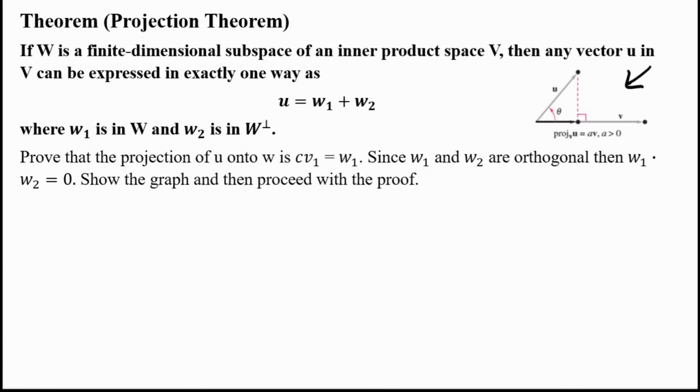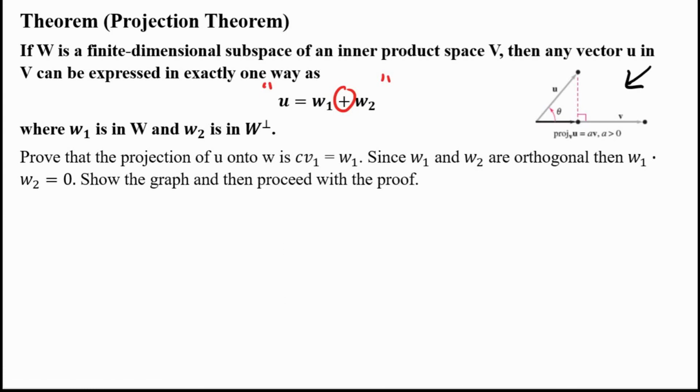This plus is not the standard plus that you would think. It's actually a direct sum plus, which basically this whole statement here is, you may say, the Pythagorean theorem.